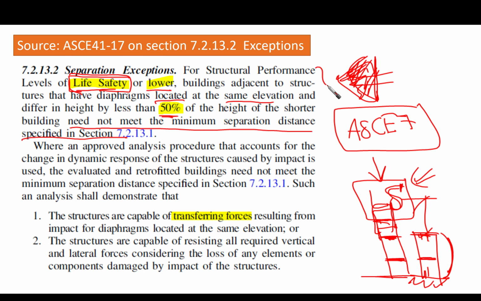This is only to keep in your mind. Again, I place emphasis, we are talking about ASCE 41 for existing buildings, and this is for the evaluation, but I only want to highlight that there is an exception there if you want, for existing buildings.